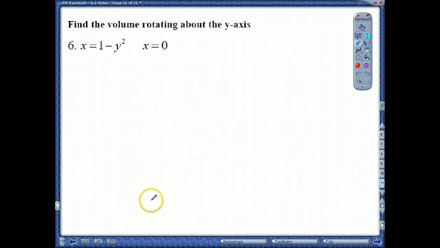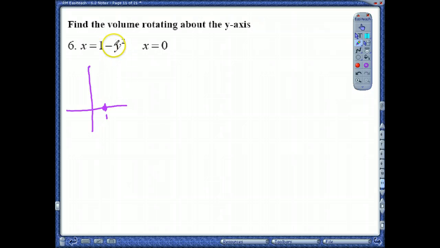Okay, so number 6. I've left this one ungraphed because I want to make sure we all know how to graph those nice, pretty parabolas. I know this is going to be a parabola because it's got x to the 1 power, y squared. That 1, if I put 0 in for y, the x coordinate would be 1, so that means I'm here at 1.